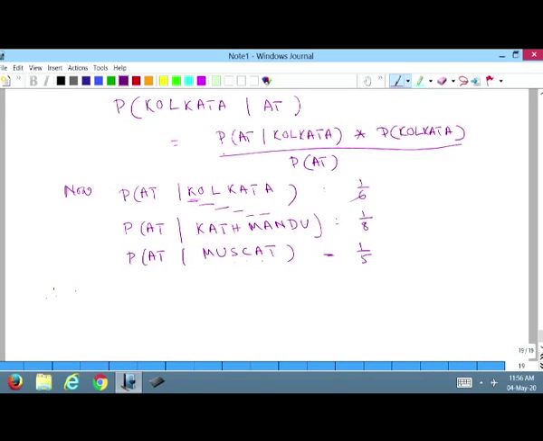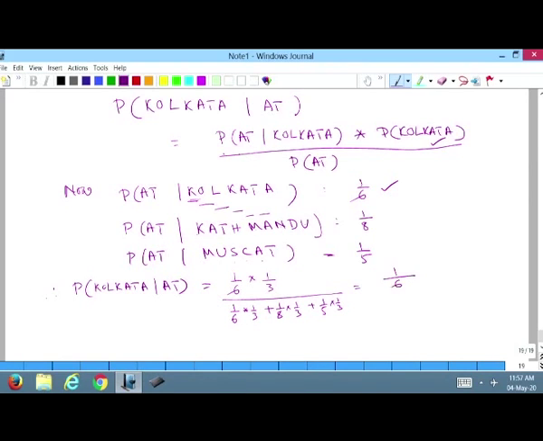Therefore, probability of Kolkata given AT is equal to probability of AT given Kolkata, which is 1 by 6, multiplied by probability of Kolkata, which is 1 by 3, divided by, as you can well understand, 1 by 6 into 1 by 3 plus 1 by 8 into 1 by 3 plus 1 by 5 into 1 by 3.